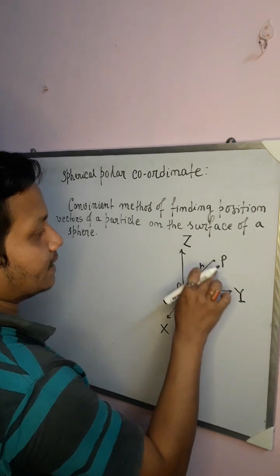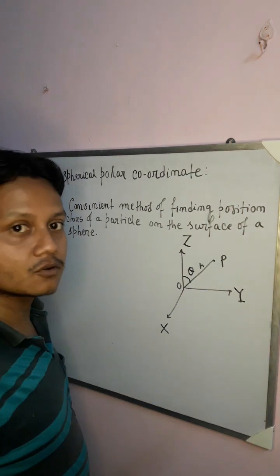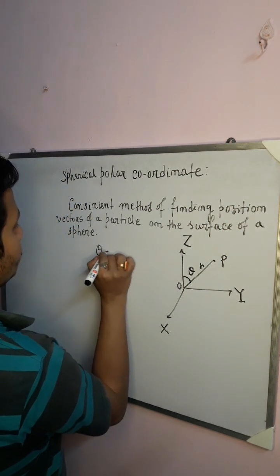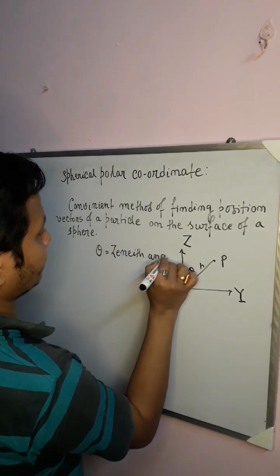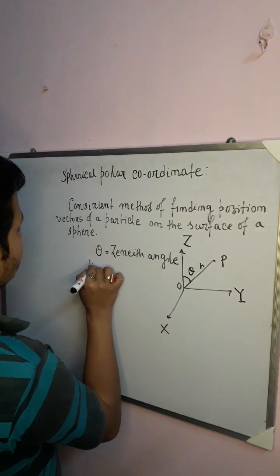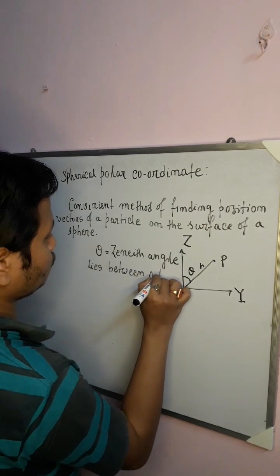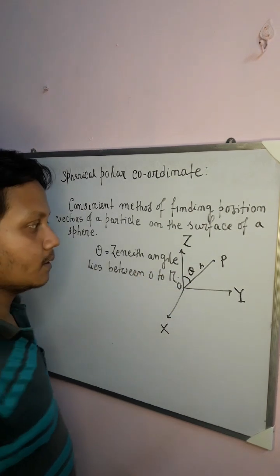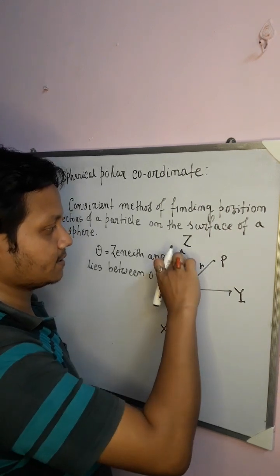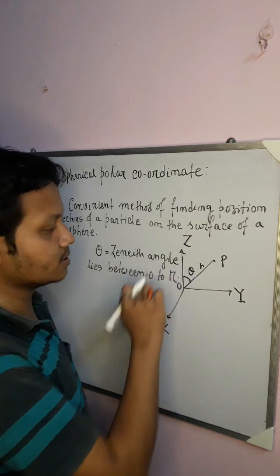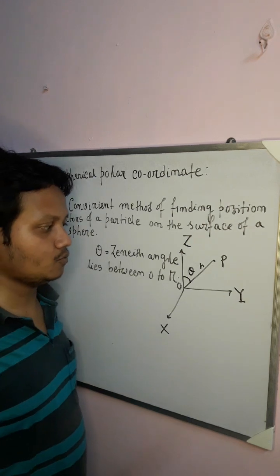Now the angle that OP makes with the positive z direction is called theta. This is called the zenith angle, and it always lies between 0 and pi.